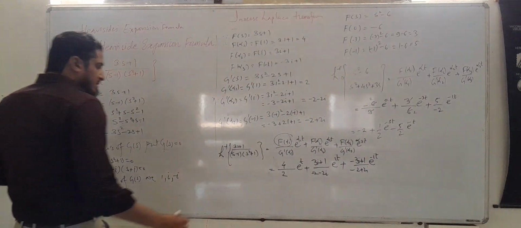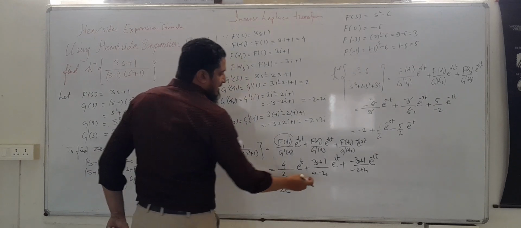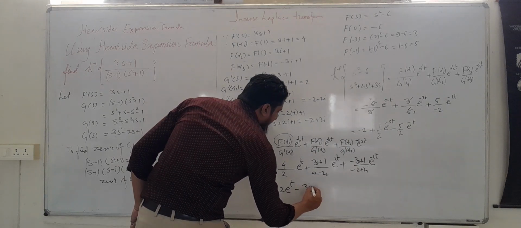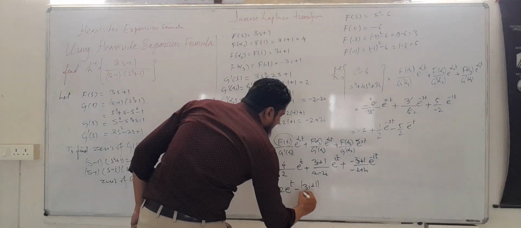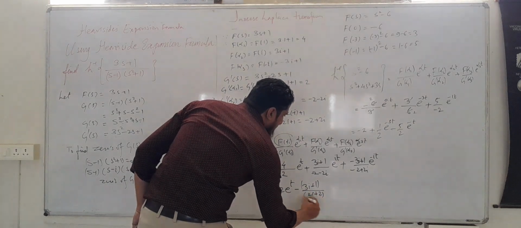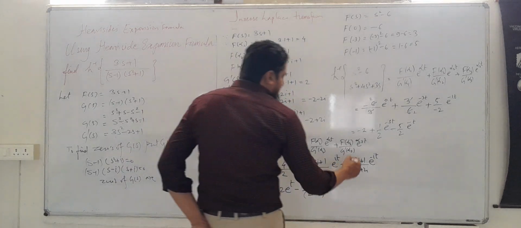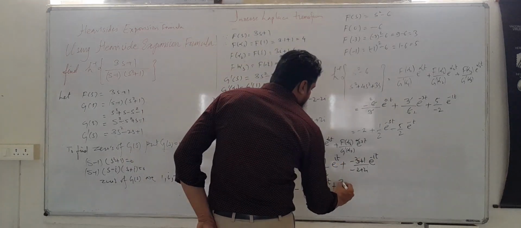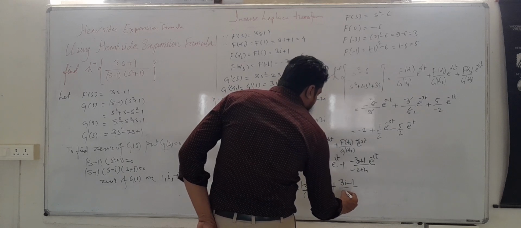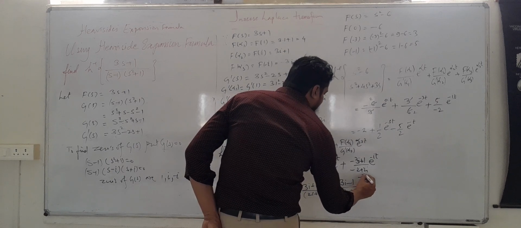Correct? We will get 2 e raised to t, taking minus outside, minus (3i plus 1) upon 2i plus 2 e raised to it. Minus minus will cancel, we will get (3i minus 1) upon (2 minus 2i) e raised to minus it.